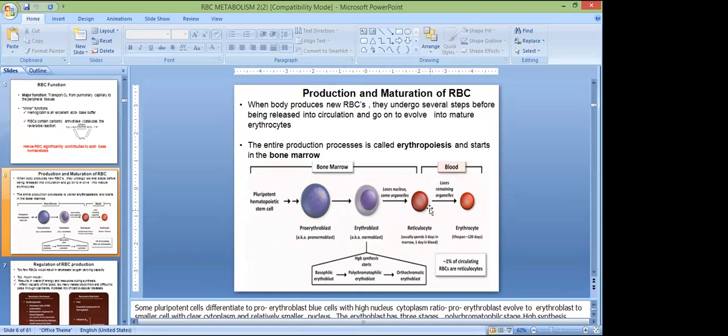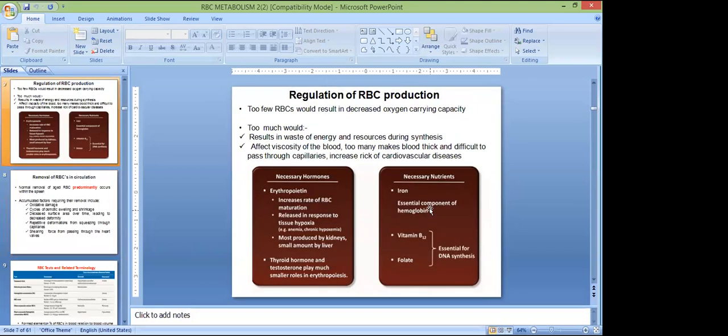The reticulocyte has things like the mitochondria, things like the ribosome. But for it to form that RBC, it loses that so that it can accommodate more oxygen, essentially.